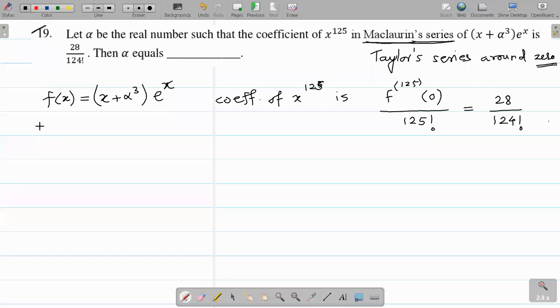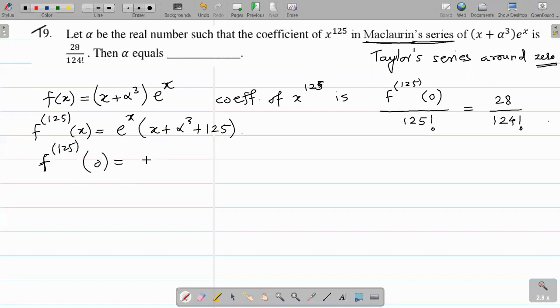So what is? Please tell me the 125th derivative. दो तीन निकालो पहले तो आपको आइडिया आएगा. E raised to x plus alpha cube plus 125. Isn't it? Please correct me if I'm wrong. So at 0 कितना है? Alpha cube plus 125.